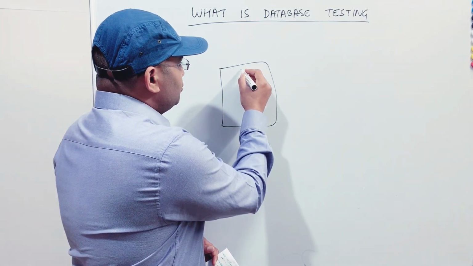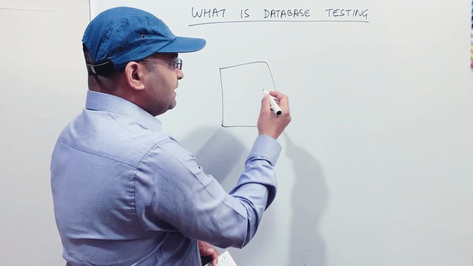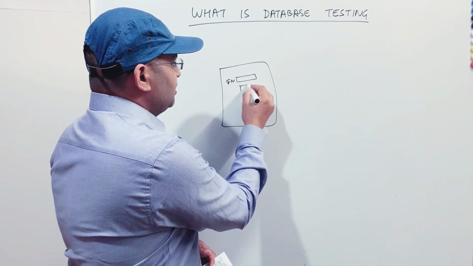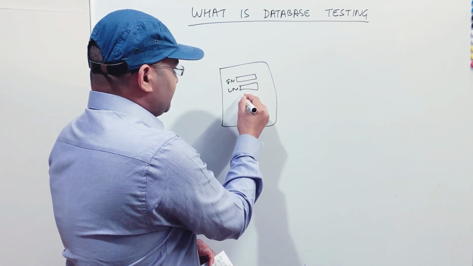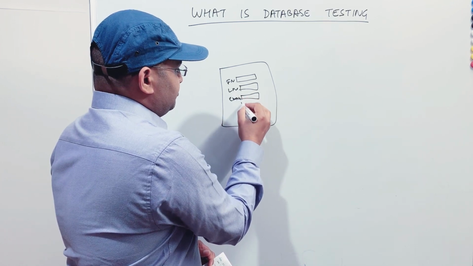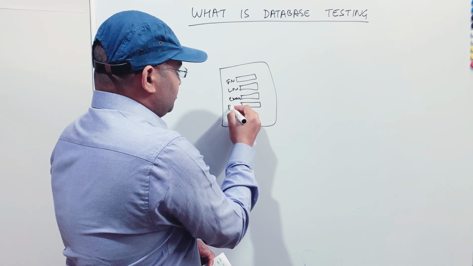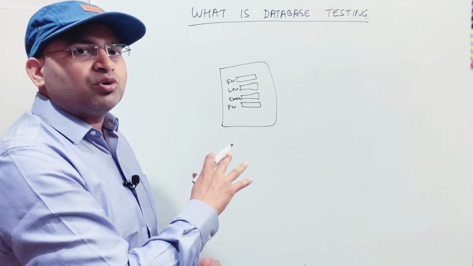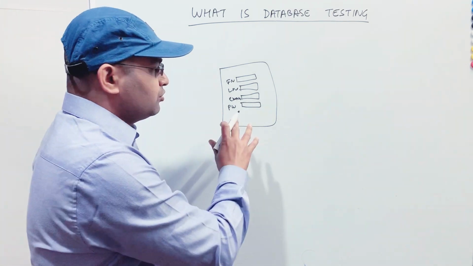So when you click on a register link, you have certain details to provide, for example, first name, last name, your email address, your password.